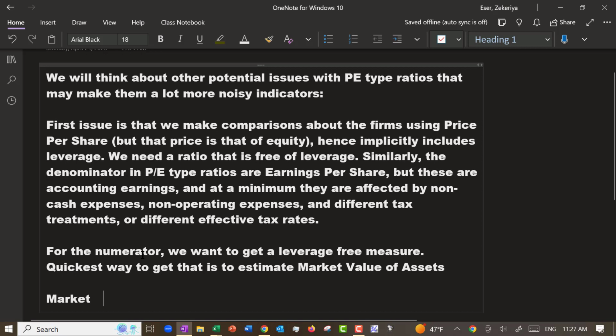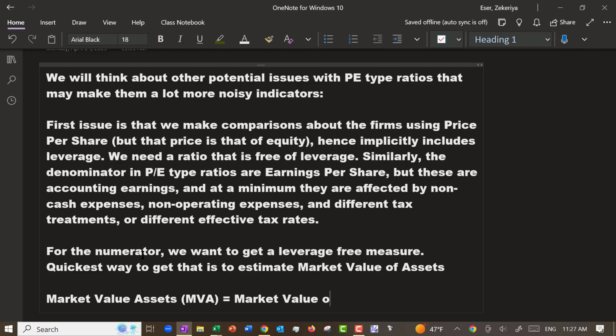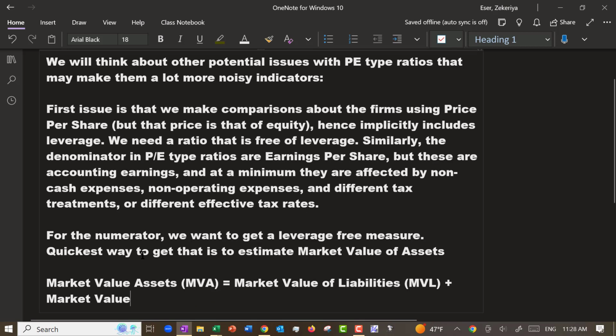Now, let's call it MVA, because of the basic accounting identity, that's equal to market value of liabilities plus market value of equity.